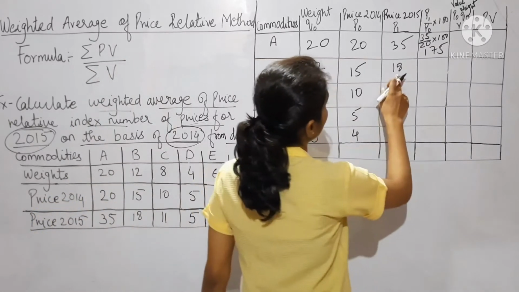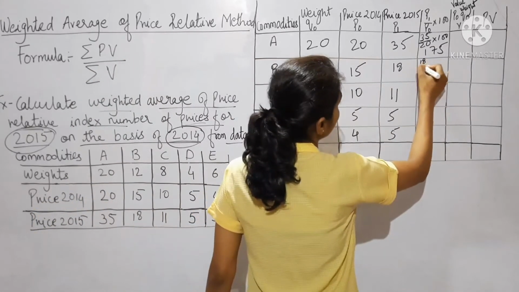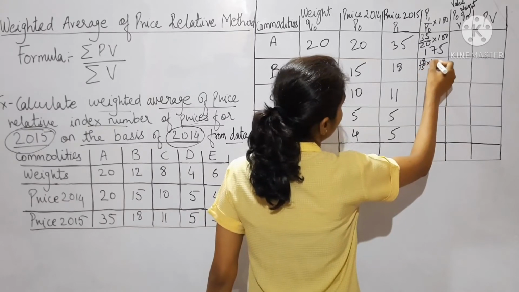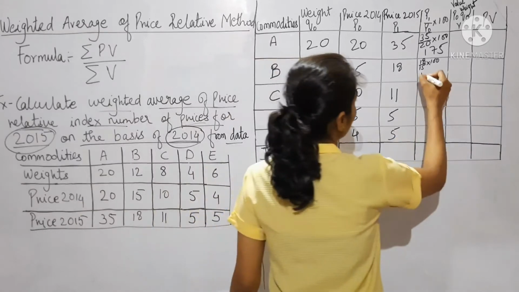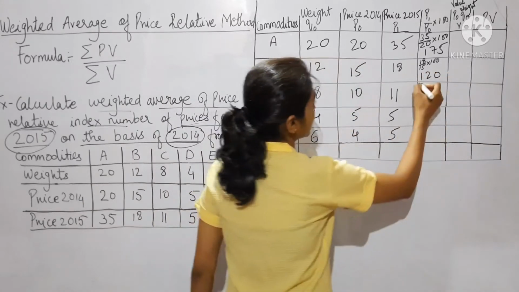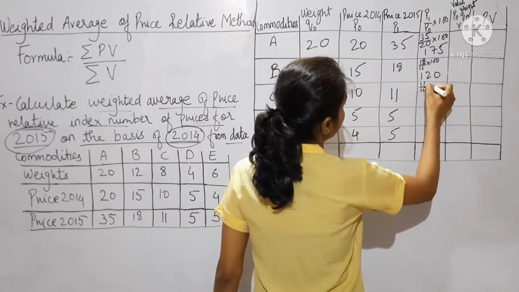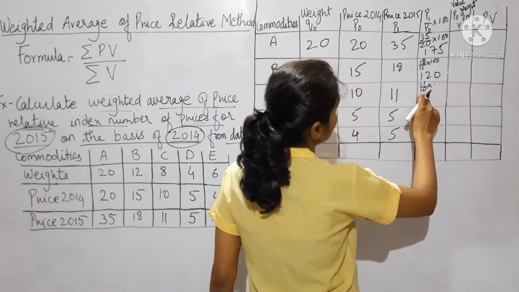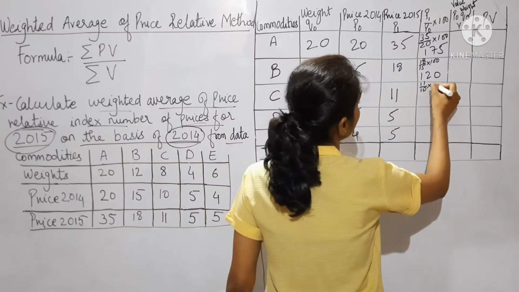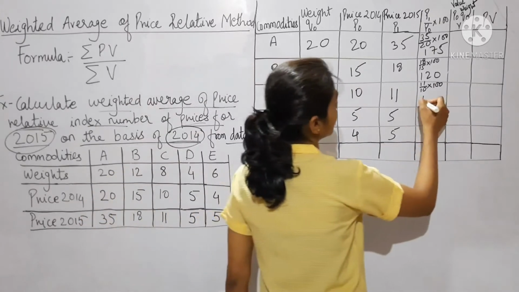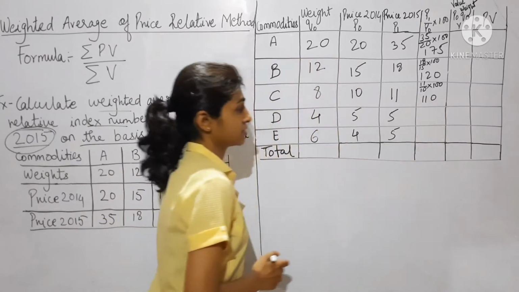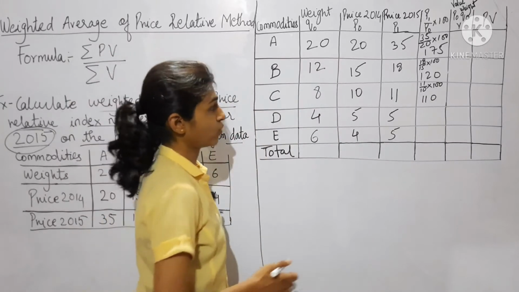Next, 18 divided by 15 multiplied by 100 is 120. Then 11 divided by 10 multiplied by 100, the answer is 110.